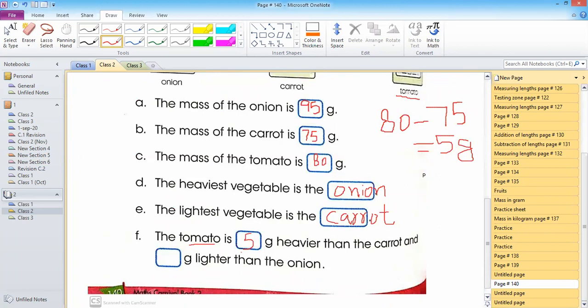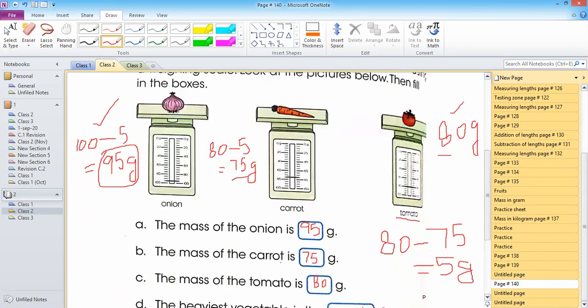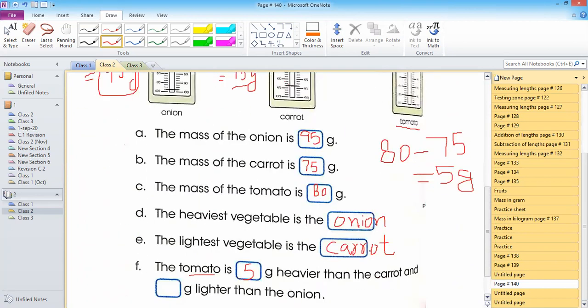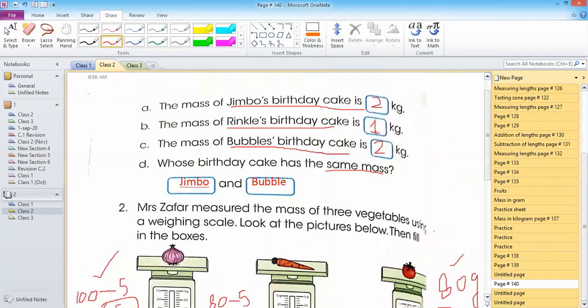Okay. And tomato is dash gram lighter than onion. So what you will do now, you will write onion first. What is the mass of onion? That is 95 minus 95 minus tomato is equal to 80. 95 minus 80 is equal to what?